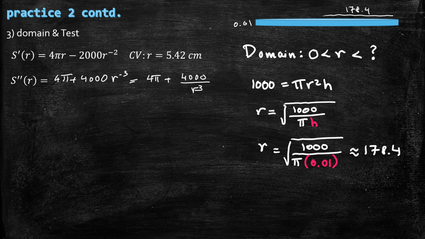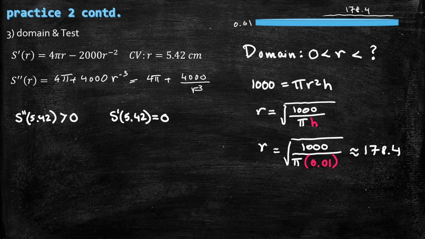If we put in our critical value of 5.42, the second derivative will be positive. In fact, for any positive value of the radius, the second derivative will be positive, meaning that the surface area function is always concave up.